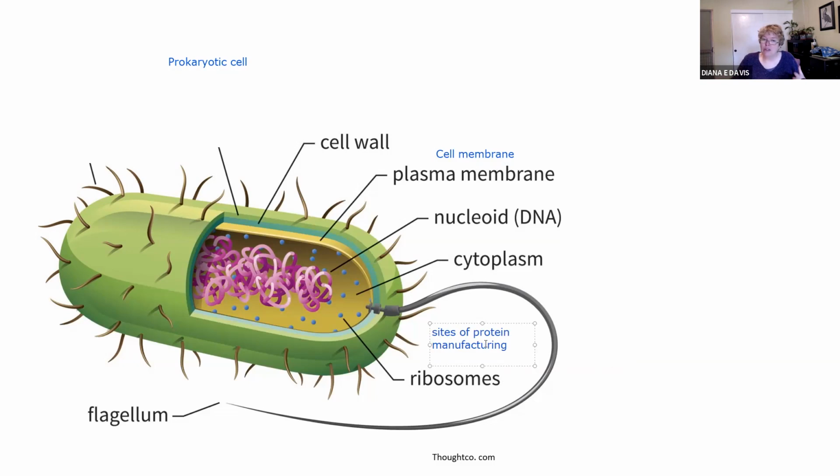So it can do all of the basic things a cell can do. It can make ATP, it can make proteins and carbohydrates. But that's about it. Most bacteria consume other organisms for energy, so they eat living things or dead and decaying things.